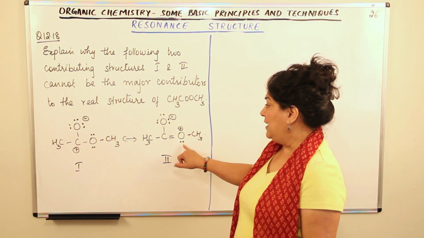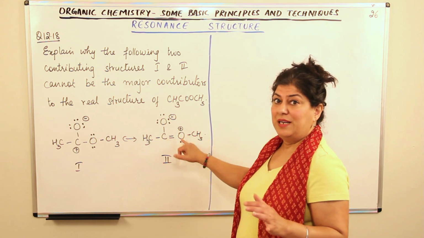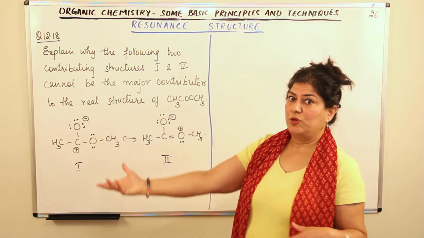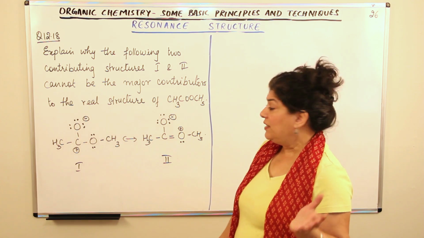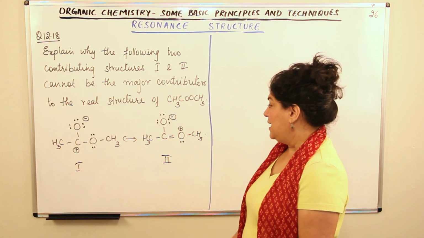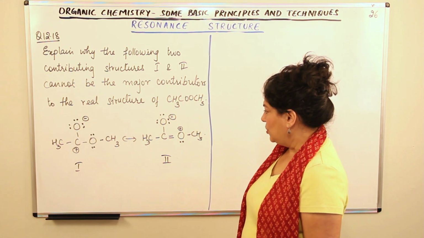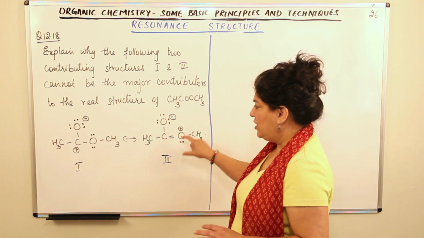Because it has the same electronegativity, yet one of them is bearing the positive charge and the other one is bearing the negative charge. That makes it unstable. So it has charge separation.